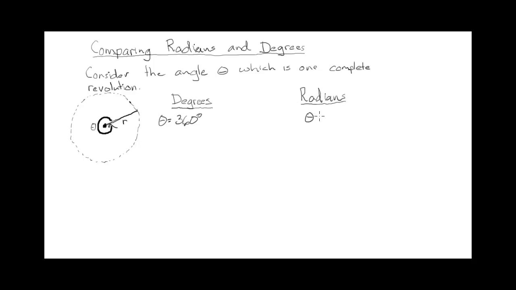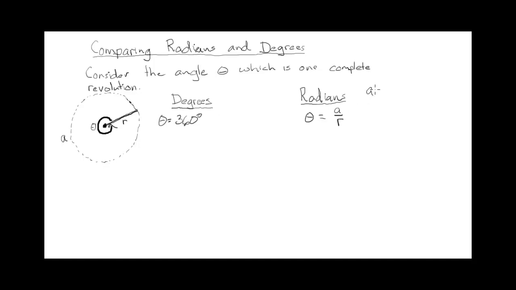Now in terms of radians, theta by definition is A over R. So R is this, and A is the arc length, which will be the entire circle. Because the angle goes around the whole circle, the arc length is the entire arc of the circle, which is the circumference of the circle.